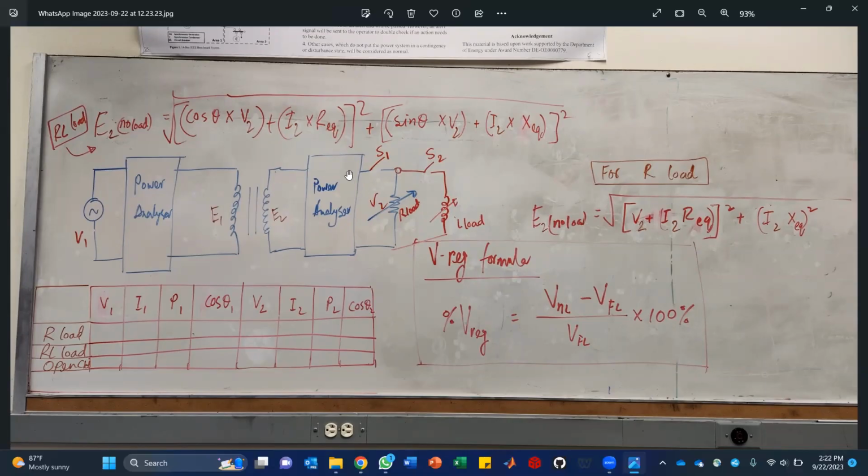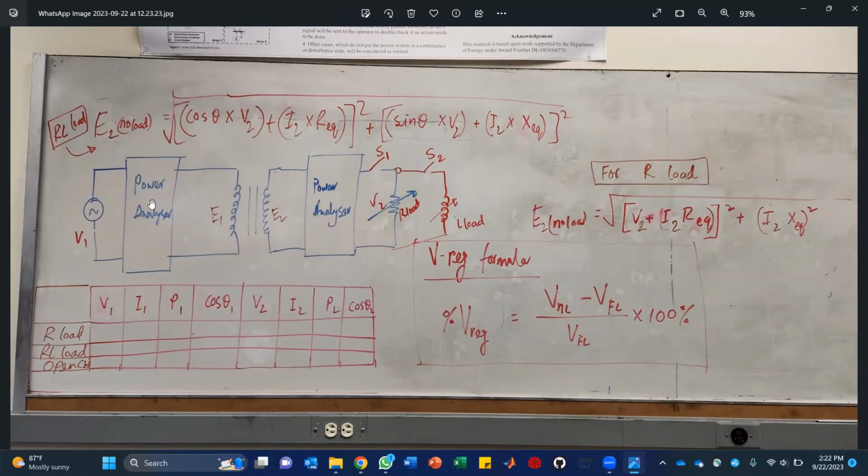And finally, if we have a load, we'll get the secondary current and secondary voltage. To calculate that, we use the power analyzer here again. After that, we'll have another voltage, which is the secondary terminal voltage.